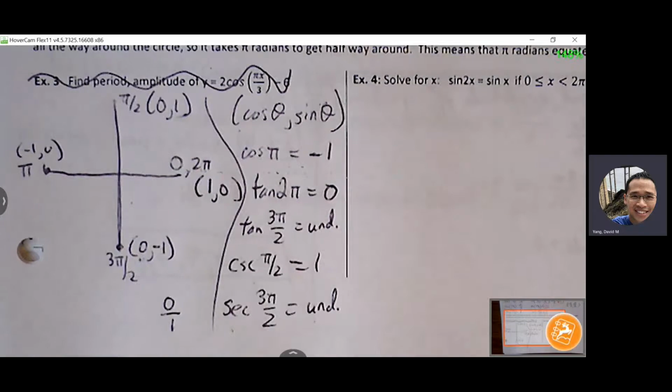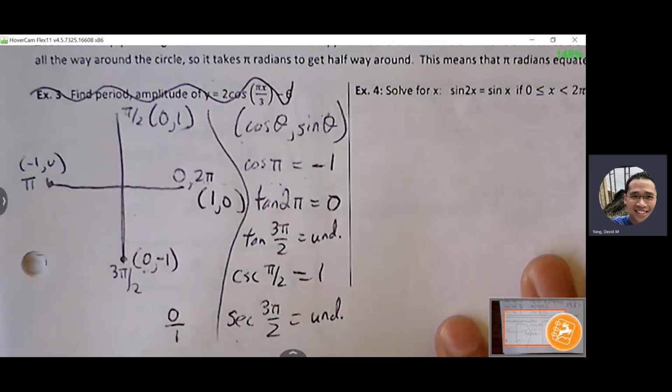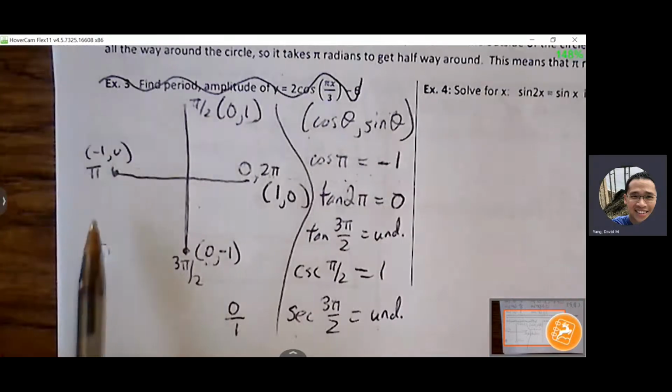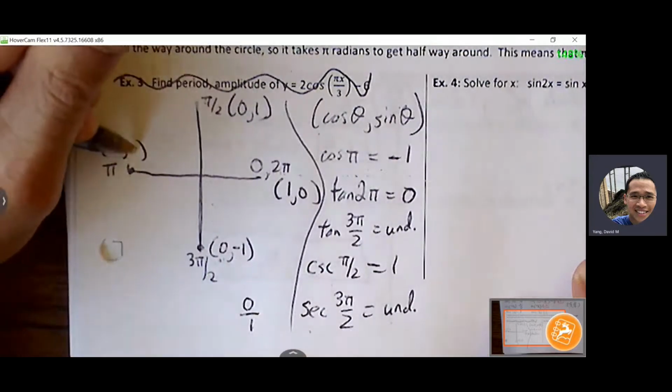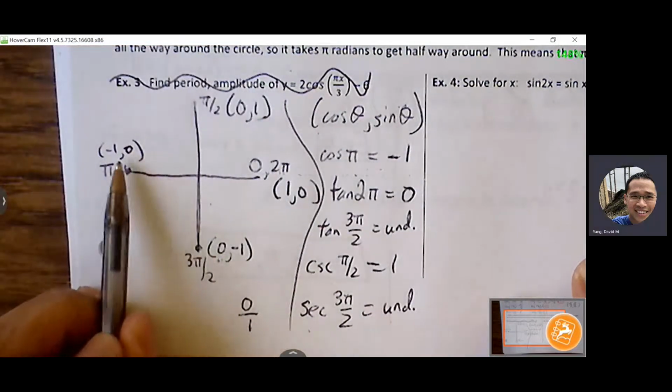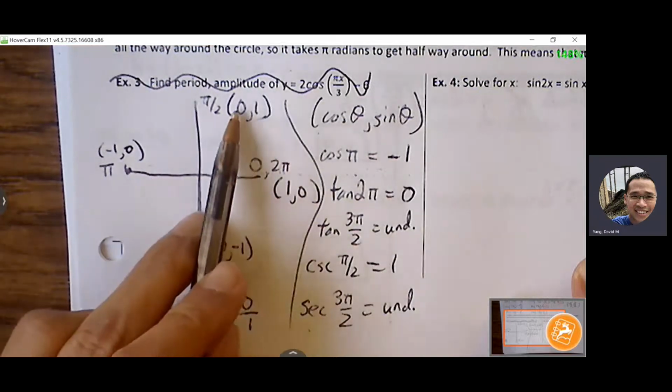So you're not memorizing any of this, right? You're just using what you know about ordered pairs, cosine and sine, and then taking those ordered pairs and either flipping them or identifying them. Pi is -1, 0. So the ordered pairs are -1, 0, 0, -1, 1, 0, and 0, 1.